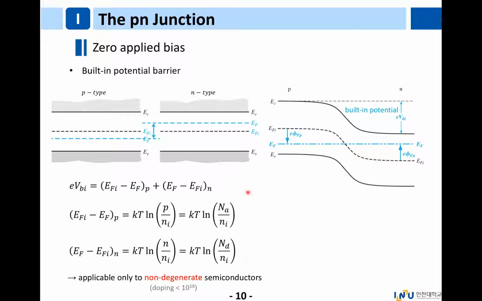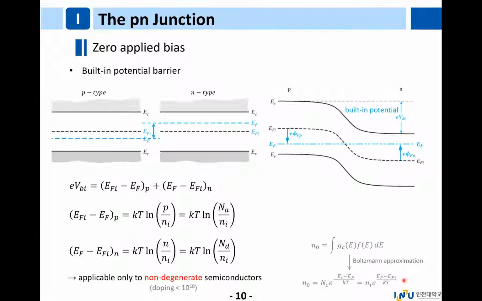Actually, the current formula is derived from multiplying the density of states and the Fermi-Dirac function throughout the conduction band, followed by integration, right? For this calculation, the Boltzmann approximation was necessary during integration.